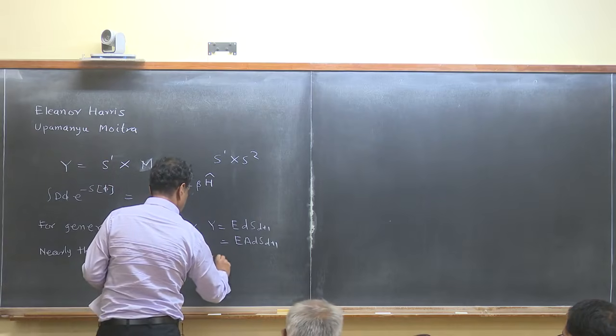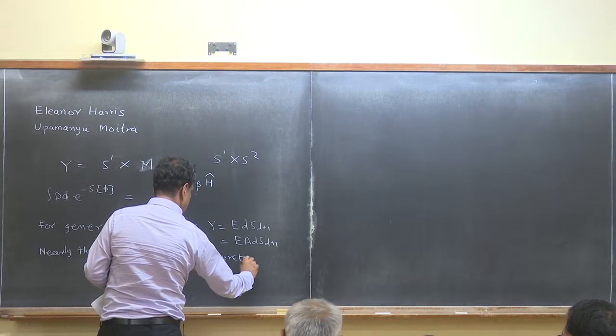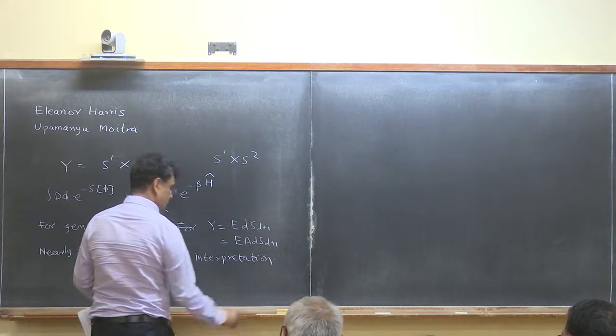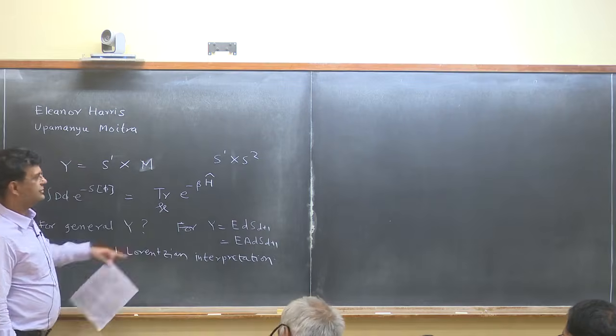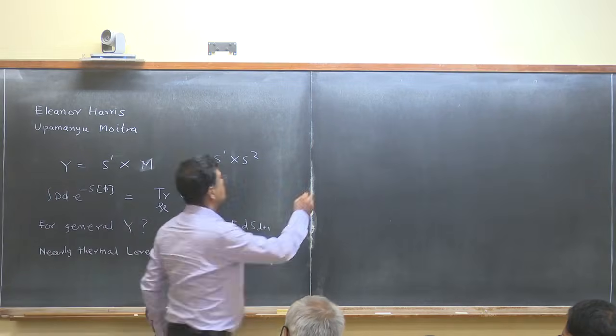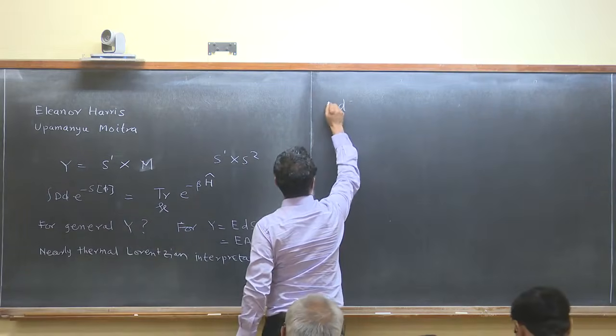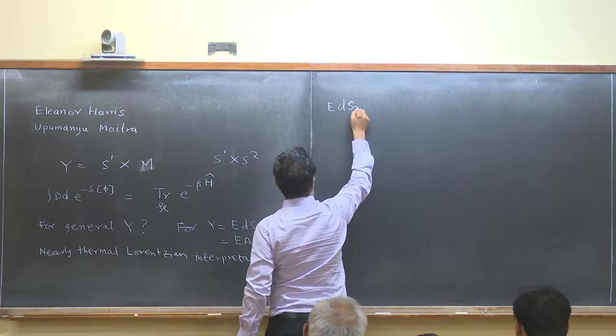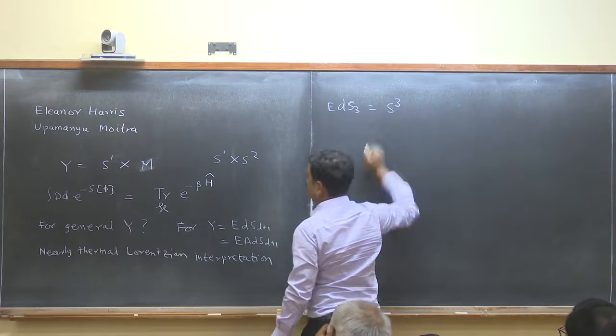For the Euclidean dS_{d+1}, we would say S^{d+1}. Yeah, exactly. And I took the example of S3 because, to be very concrete, Euclidean dS3 is just S3.